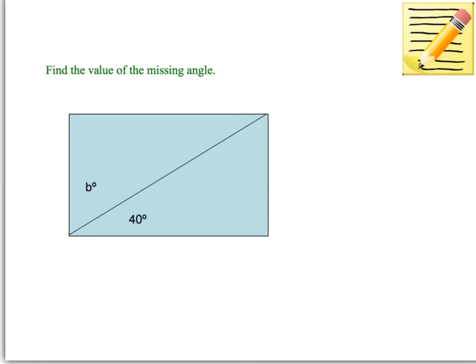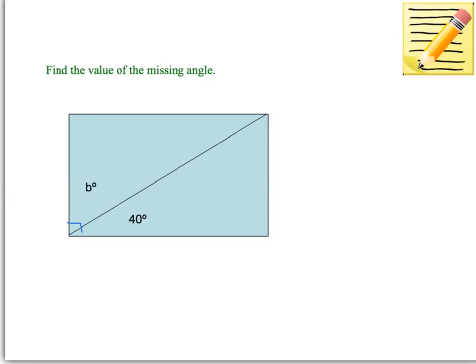Alrighty, now this is a bit trickier. It looks like it's within a rectangle. But we can see here, and if you know that a rectangle equals 360 degrees and each corner is 90 degrees here, so this should have a little symbol there.